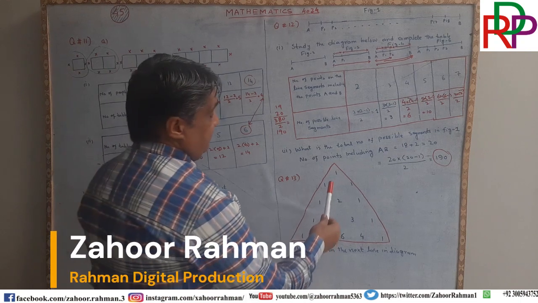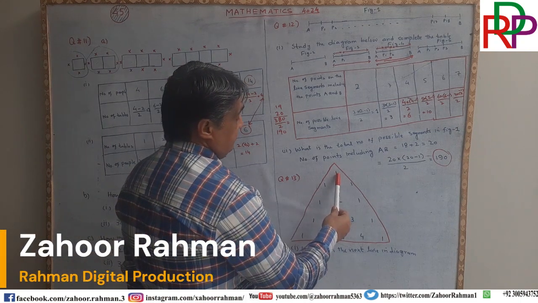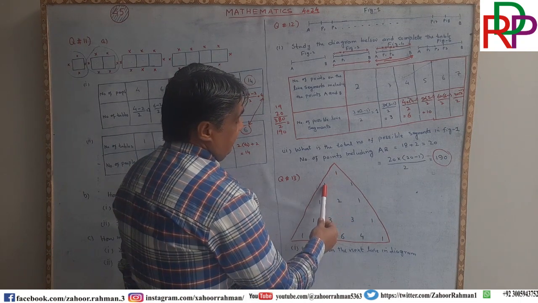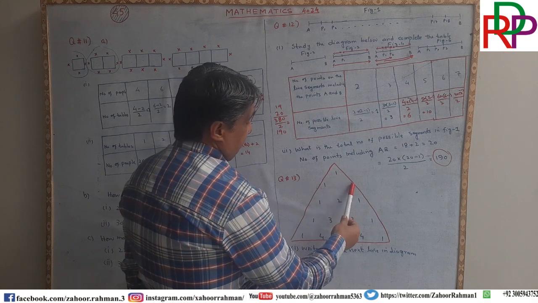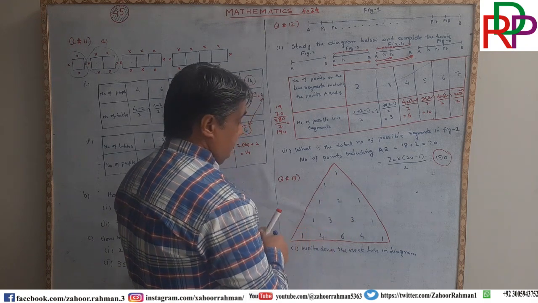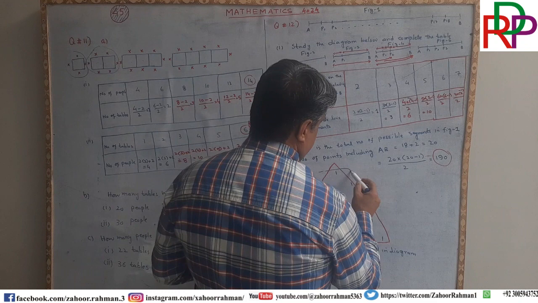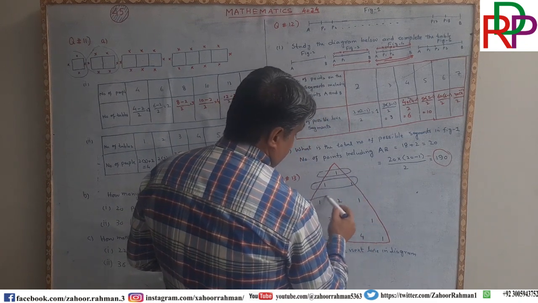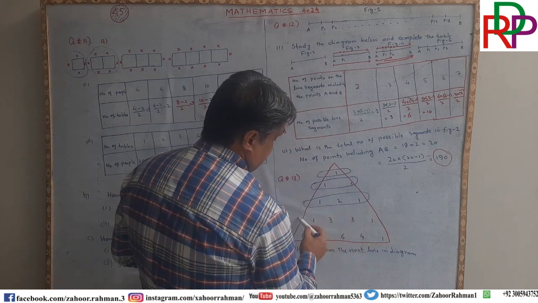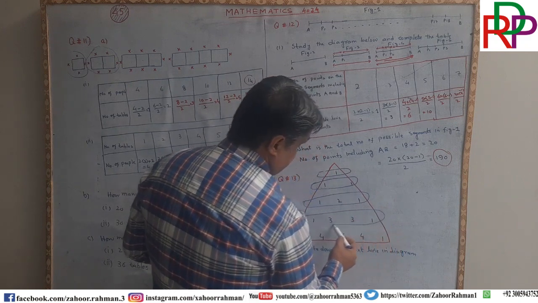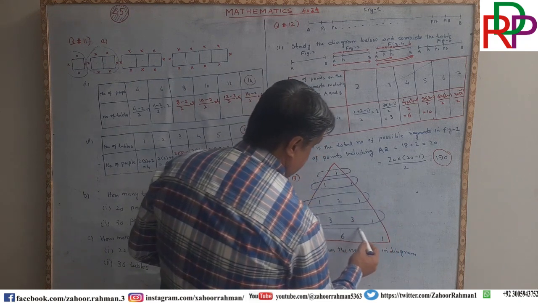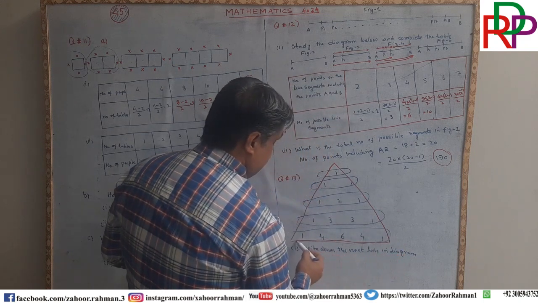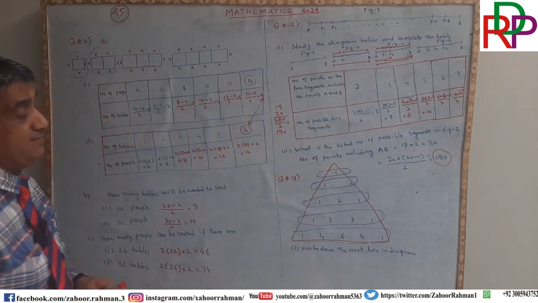They have written first 1 and then 1, 1. This is the first line, this is the second line, this is the third line, and this is the fifth line, and similarly this is the seventh line.